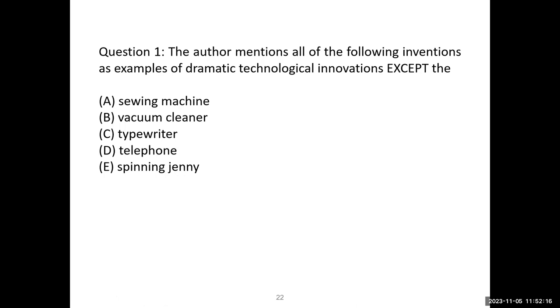What will you do? You will pick up a word or phrase from the question and try to find this word or phrase in the passage. So we'll take a look at dramatic technological innovations. He's asking us what is not mentioned. Where do we find dramatic technological innovations?